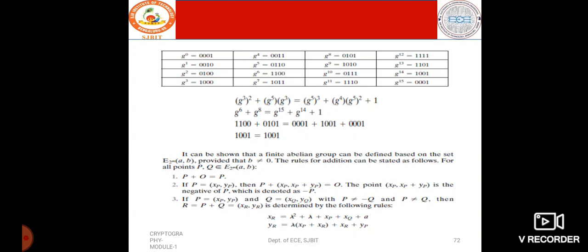This yields a generator g that satisfies f(g) equal to 0, with g power 4 equal to g plus 1, or in binary g is equal to 0010. We can develop the powers of g from g power 0 to g power 15. For example, g power 5 can be written as g power 4 into g, that is g plus 1 into g, which is g square plus g, or 0110.